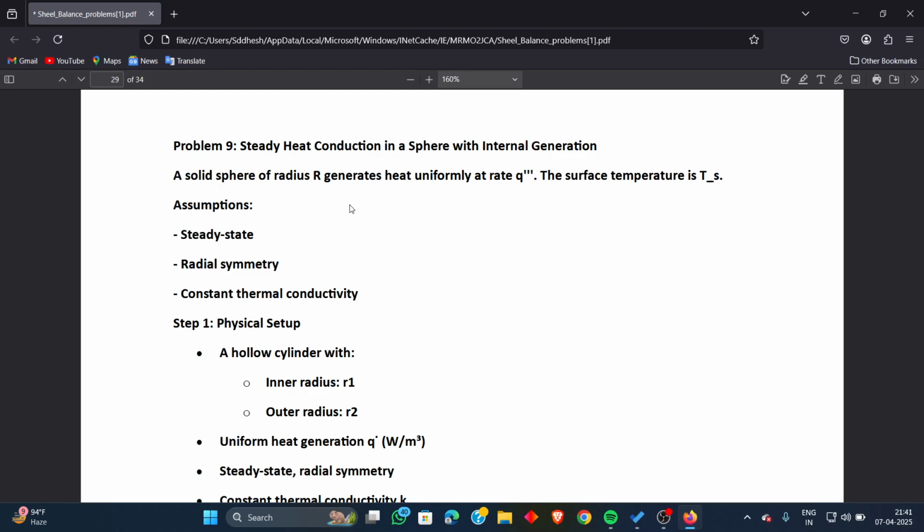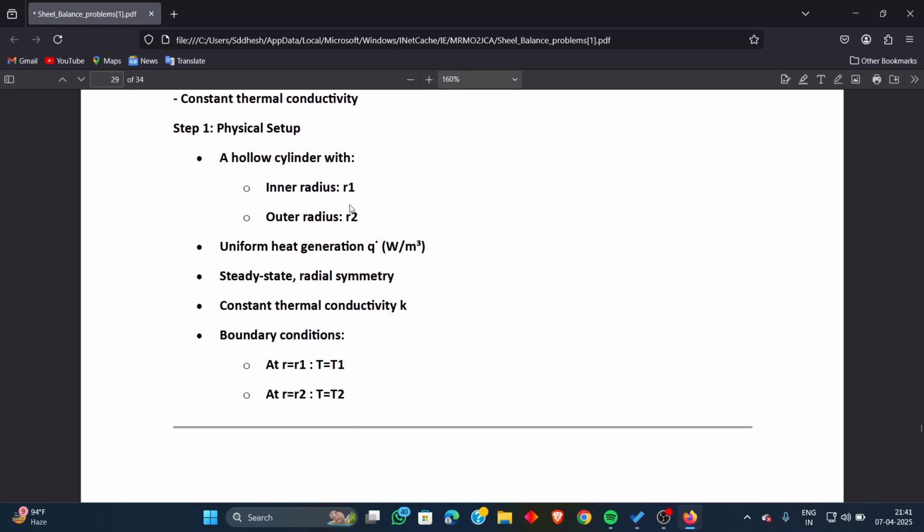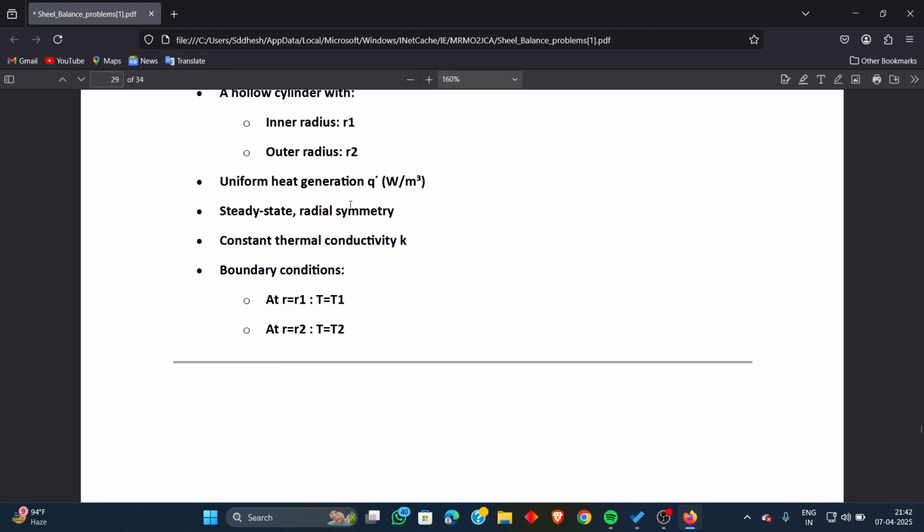Step 1 is physical setup. A hollow cylinder with inner radius r1, outer radius r2, uniform heat generation q̇ in watt per meter cube. Steady state, radial symmetry, constant thermal conductivity k. Boundary conditions: at r = r1, T = T1, and at r = r2, T = T2.